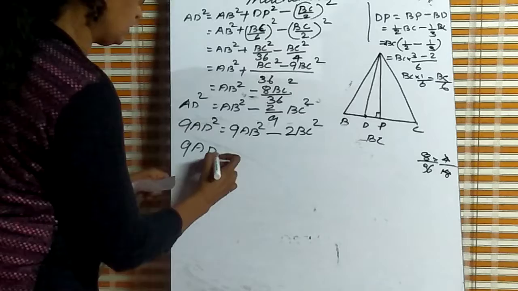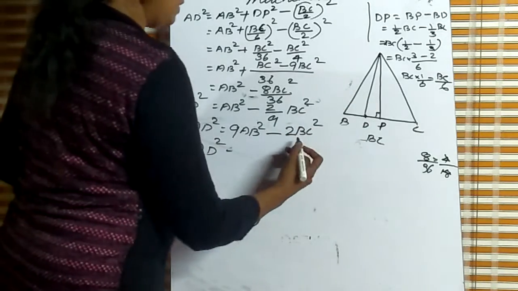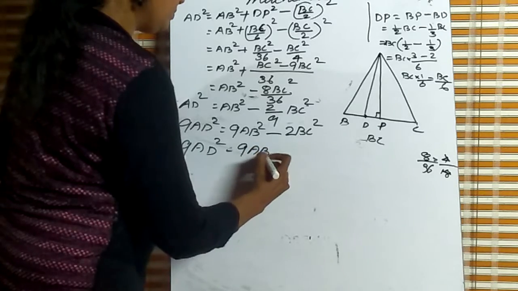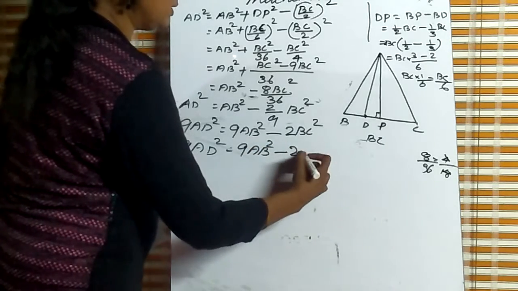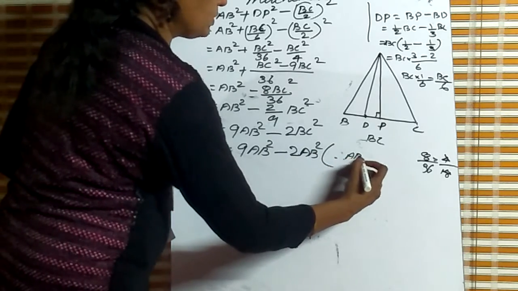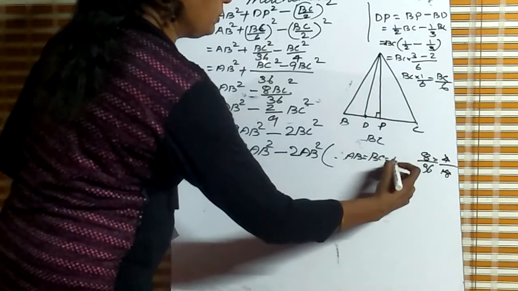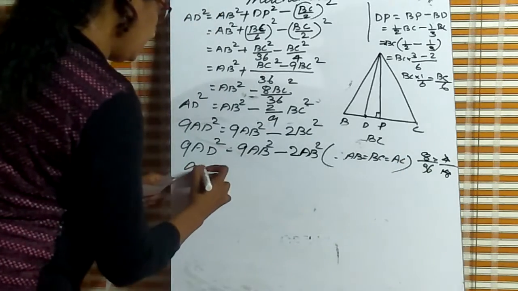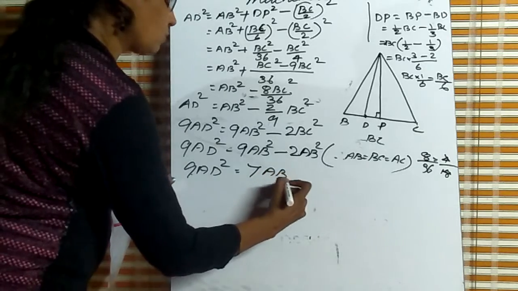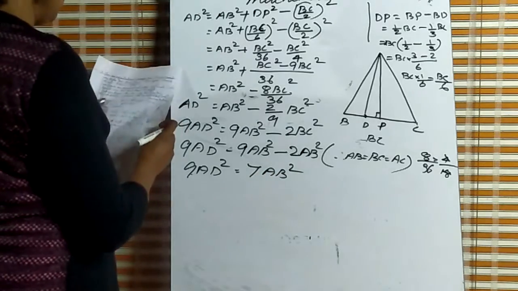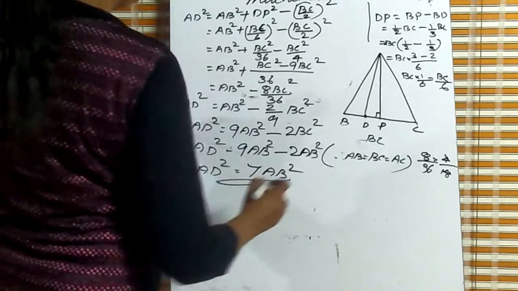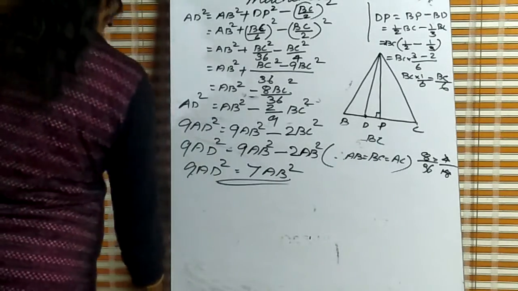But this triangle is equilateral, so we can write BC as AB, because AB is equal to BC is equal to CA. So 9 AD square is equal to 9 minus 2, 7 AB square. So we have proved that 9 AD square is equal to 7 AB square.